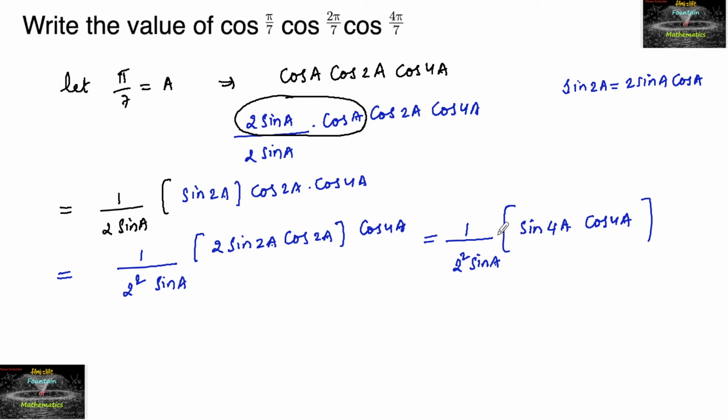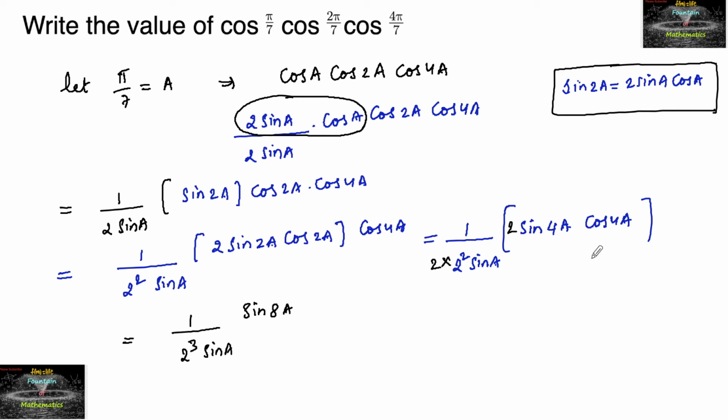Again let us multiply and divide with 2. So it comes to 1 upon 2 cube sin a into 2 sin 4a cos 4a, which is nothing but sin of 2 times 4a, that is 8a, using the same formula sin 2a.